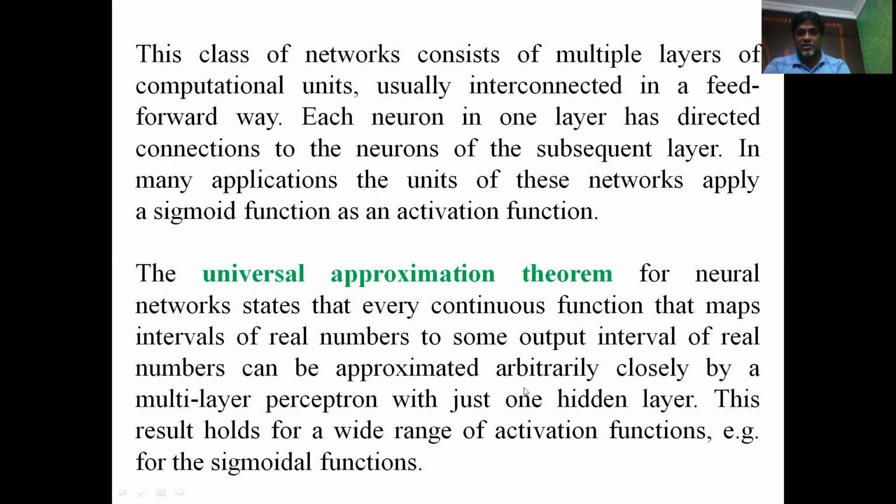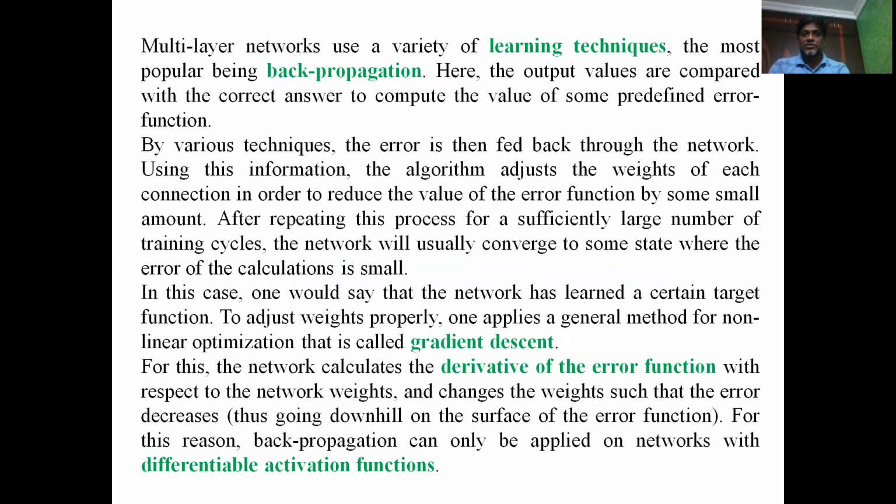You can use any activation function that can be applied with derivatives. So that is what the universal approximation theorem says. It says that a single hidden layer is sufficient to map the inputs to their outputs.